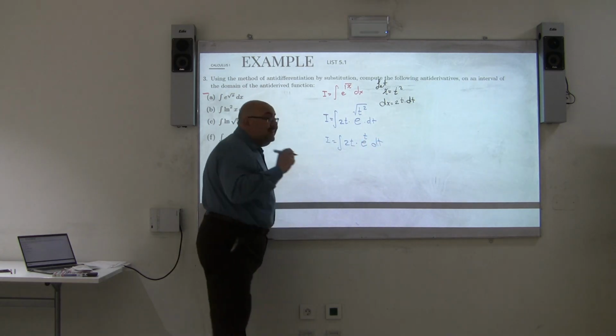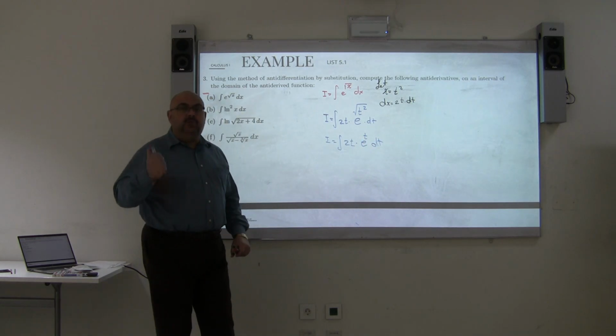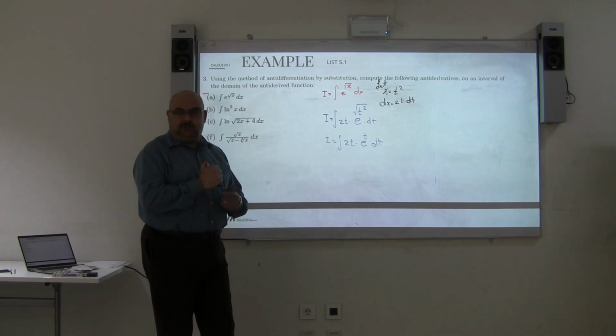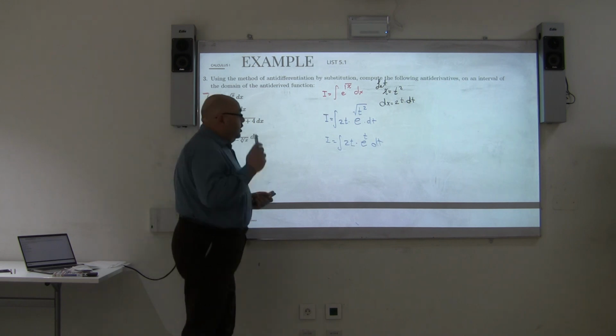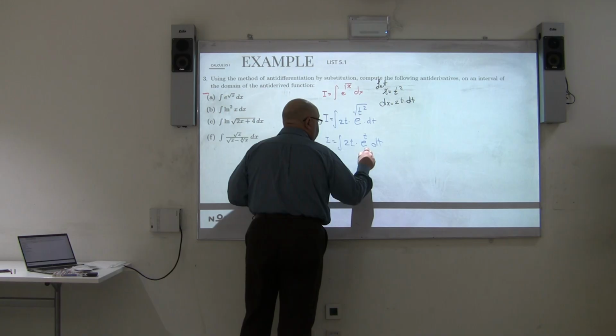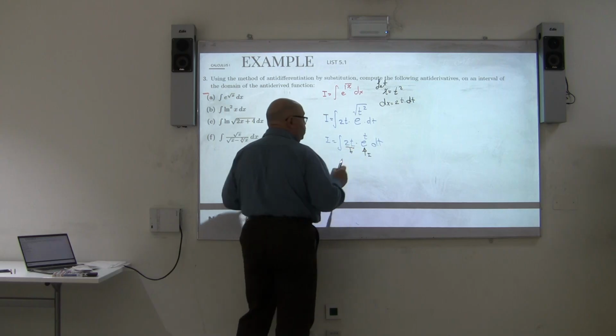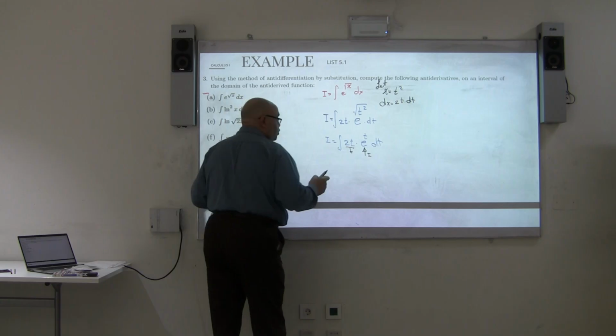And in this case, I will need once more the integration by parts in order to solve my problem. So simply, all I have to do is to choose e to the power of t to be integrated, and the other part, which is 2t, to be differentiated. So let's do it this way.